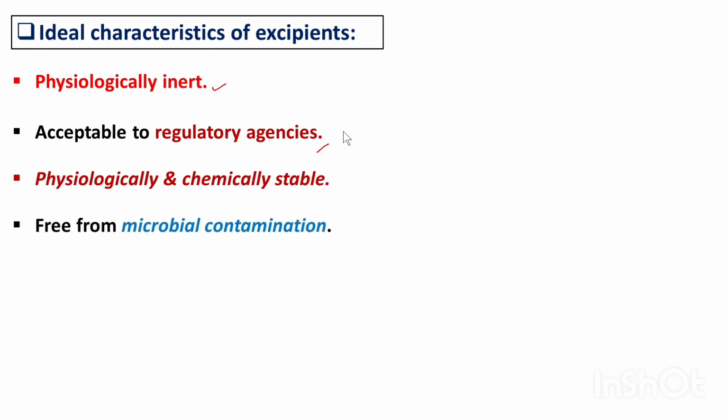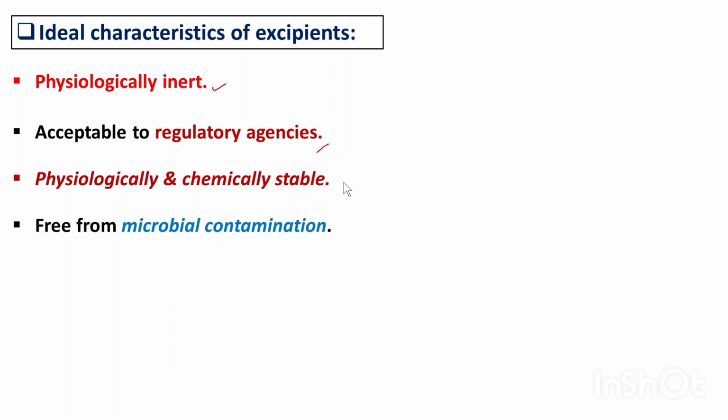Also, it should be physically and chemically stable under different environmental conditions. In the API, different types of chemical substances are available, so the excipient should not react with that chemical, or with the packing material of the tablet container, right? It should be chemically stable.